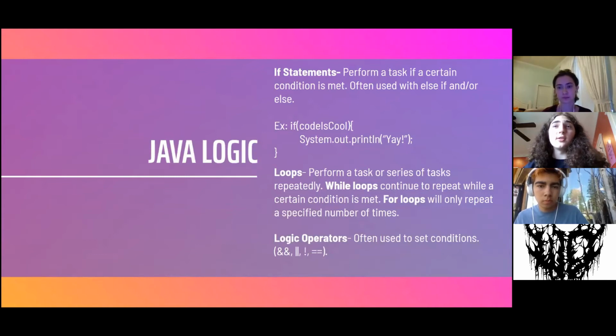There are also other versions of it. You can say if codeIsCool is true, System.out.print yay. And then you can have an else if. You put an else if under this if statement, and you are essentially saying if that first condition isn't true, but this second condition is true, then run this second line of code.